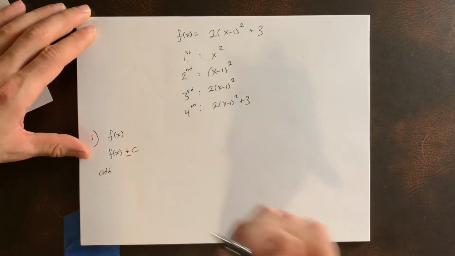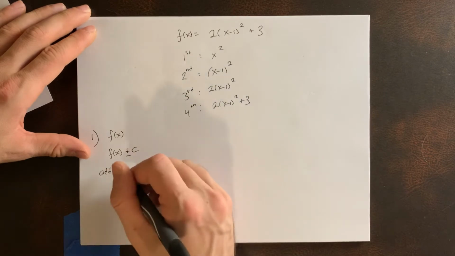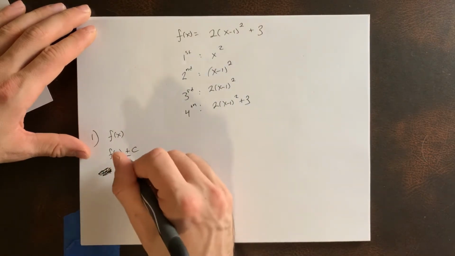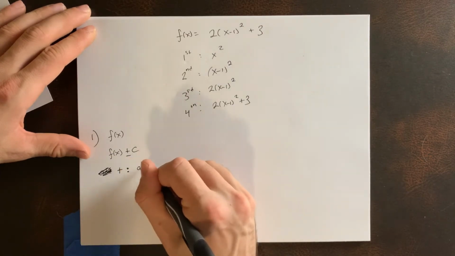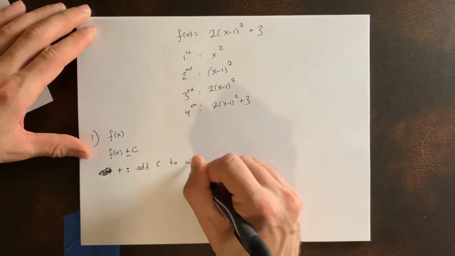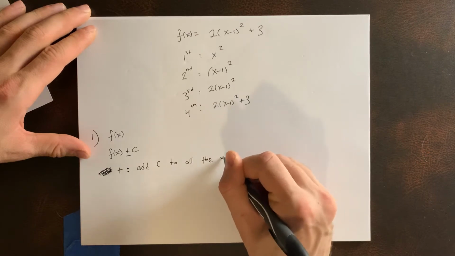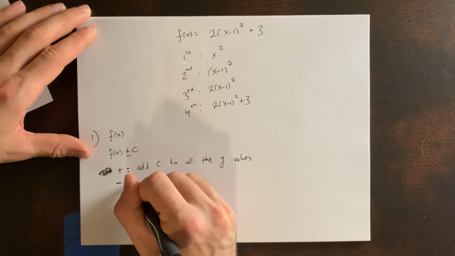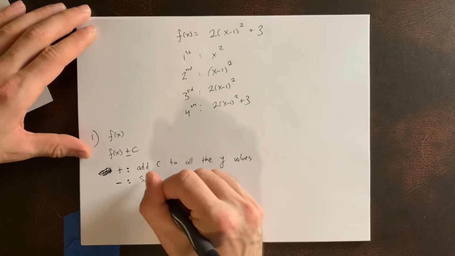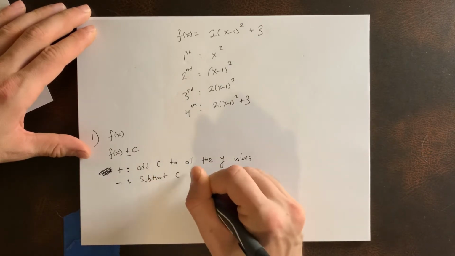This can actually be a plus or minus. If this sign is a plus, we're going to add c to all the y values. And if it's a minus sign, we're going to subtract c from all the y values.